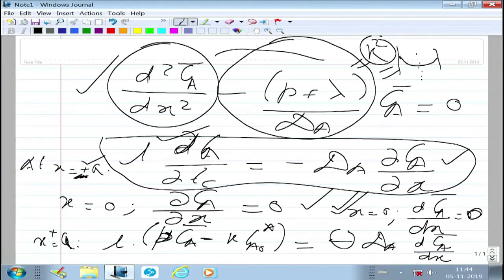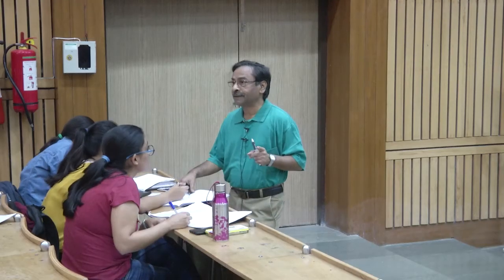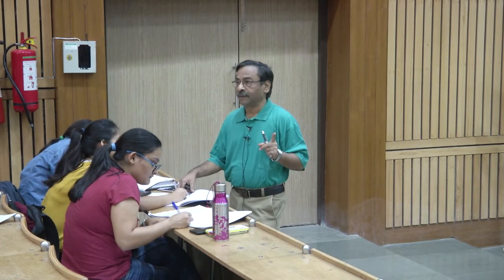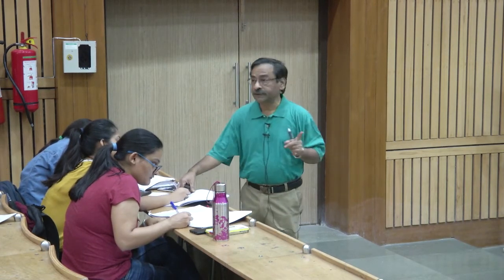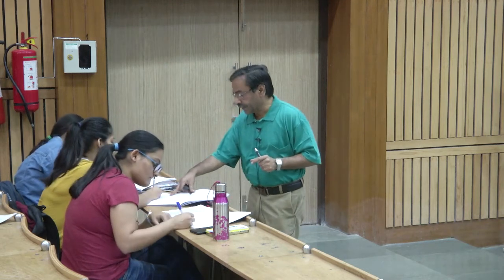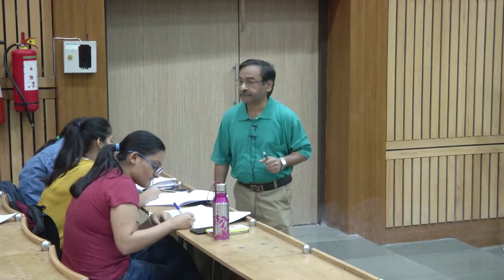Constants of integration have to be inferred from the transform boundary conditions. Please remember, when you take Laplace of L dou CA by dou t at x equal to 0, it will become pCA bar minus k times CA star 0. CA star 0 is initial gas phase concentration, which is a constant. So, this k CA0 star is a constant.